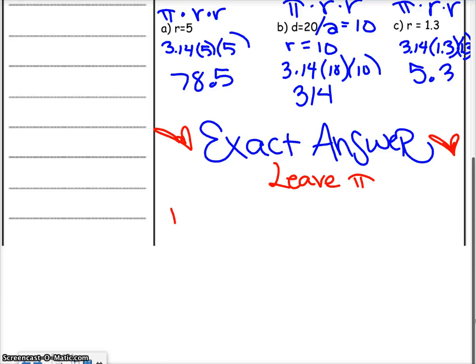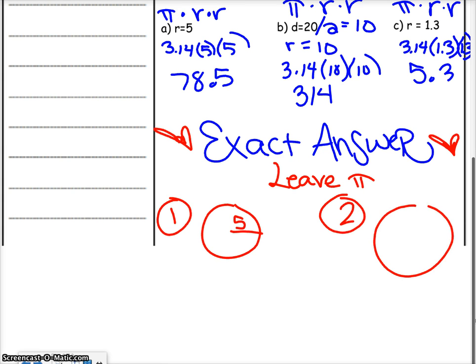For example, let's find the area of this circle. And now let's make a diameter one. That's a 24. Let's find the exact area of these 2 circles.